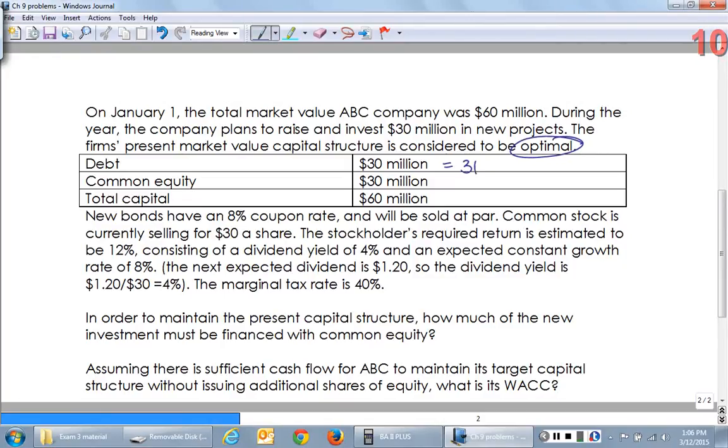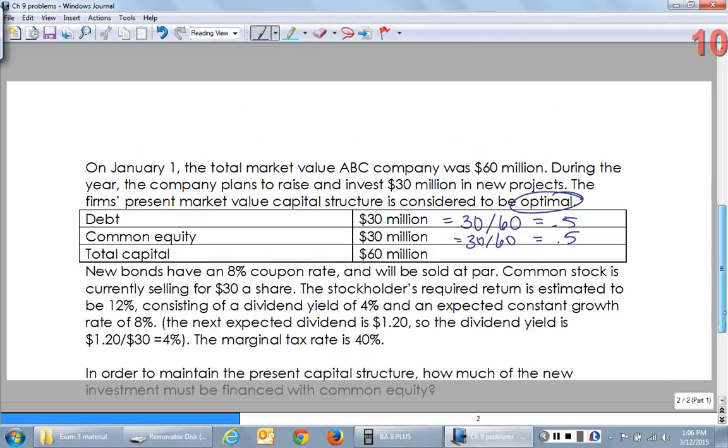So currently, the target capital structure, the optimal capital structure for this company, consists of $30 million of their $60 million being invested in debt. That's 50%. And $30 million of their $60 million being invested in equity. So that's also 50%. 50% is in debt and 50% is in equity.